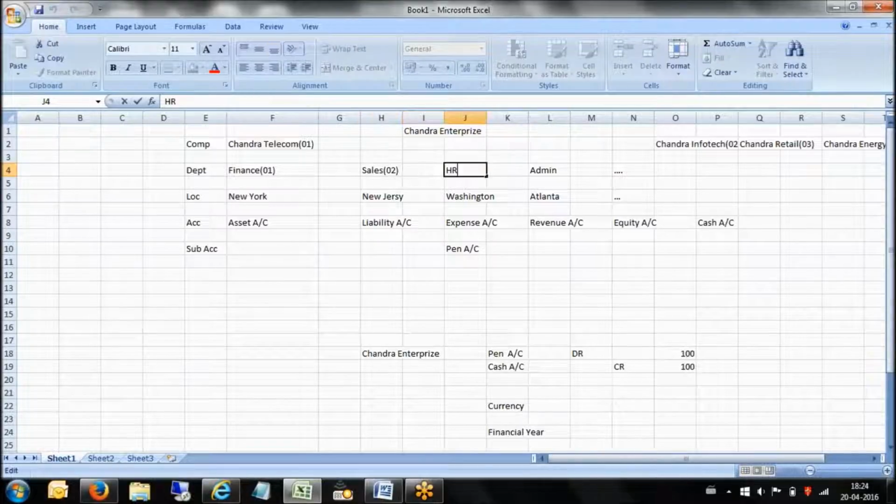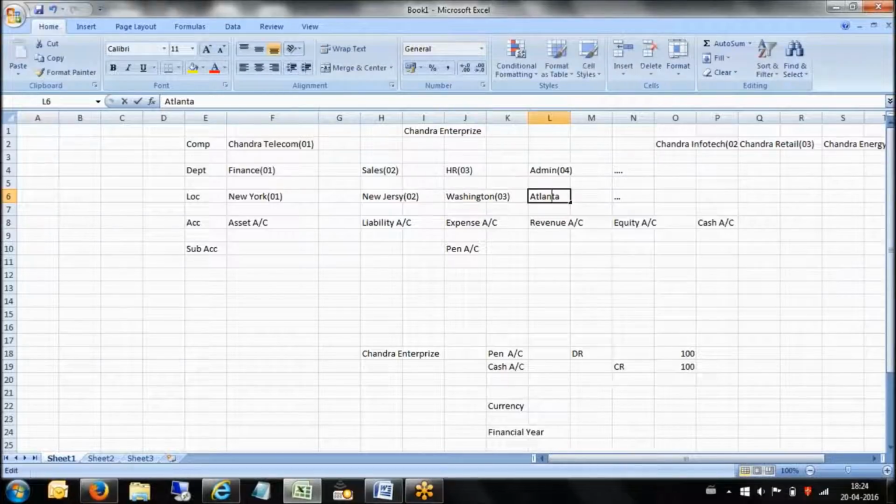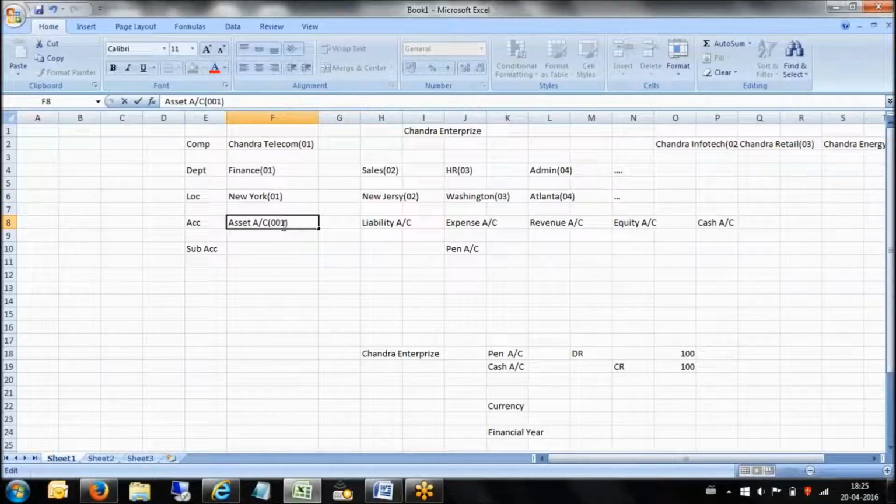In the same way, in any company the number of accounts is larger in numbers, so just to get that feel, in this example I'll keep it in 3 digits. So I'll just put it here, 001, sorry.